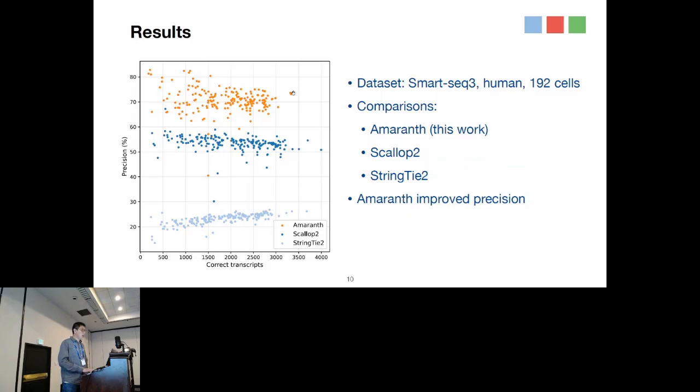Each point corresponds to a cell, and the orange points correspond to our current method, Amaranth. You can see the points are on top of the other methods, showing that Amaranth improves precision quite substantially.